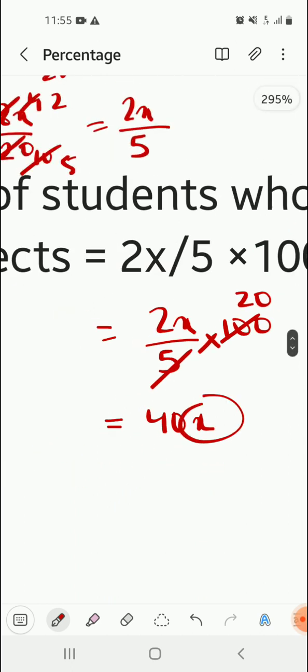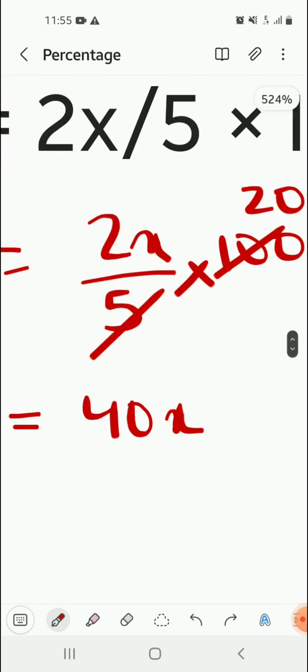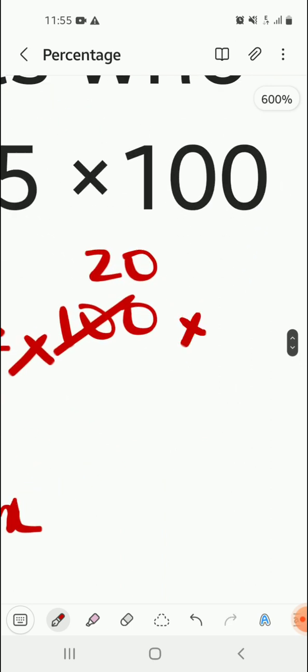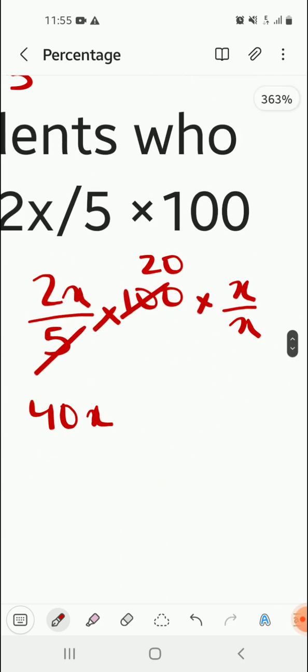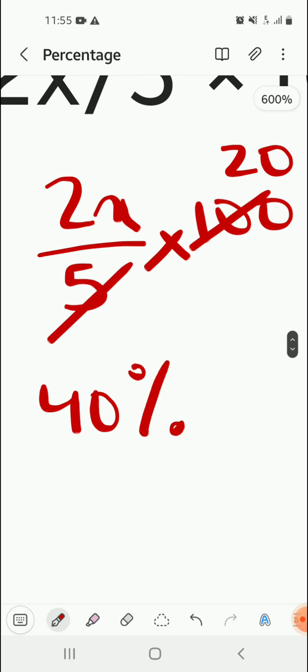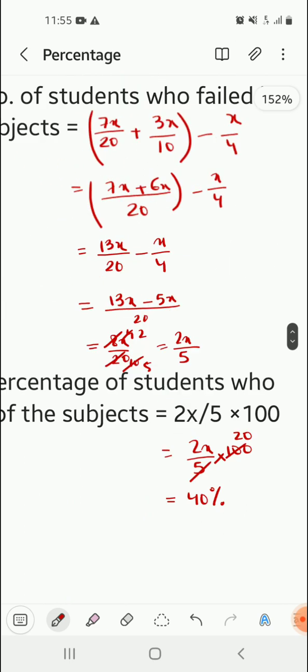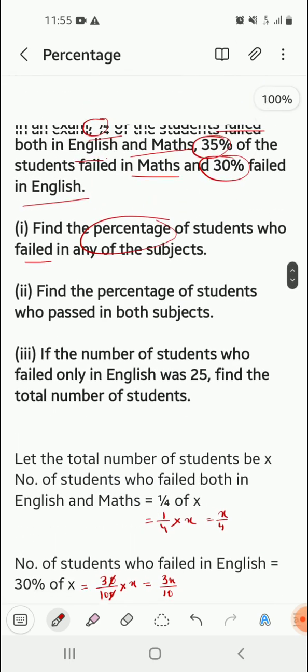Over here, we are not going to write this x because we are trying to find out the percentage. In order to make the calculation easy, we can multiply both the numerator and denominator by x so that this x can get cancelled. So over here, we are going to write 40 as my answer. Because we have converted into percentage, the answer that we get is 40%.